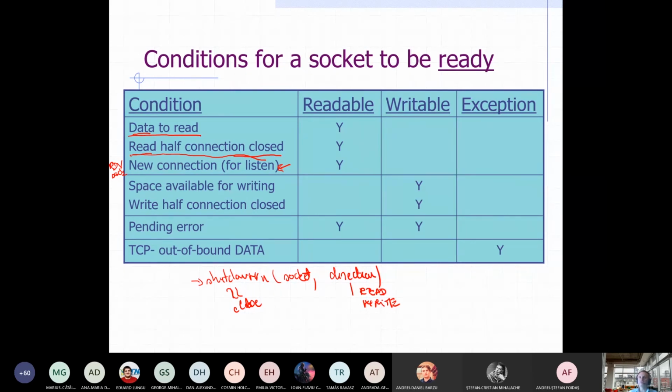It's like you think of a collection of two pipes, and you are either closing the reading pipe or the writing pipe. You can do that with shutdown when you work with TCP and UDP applications, and that in fact informs the other party.